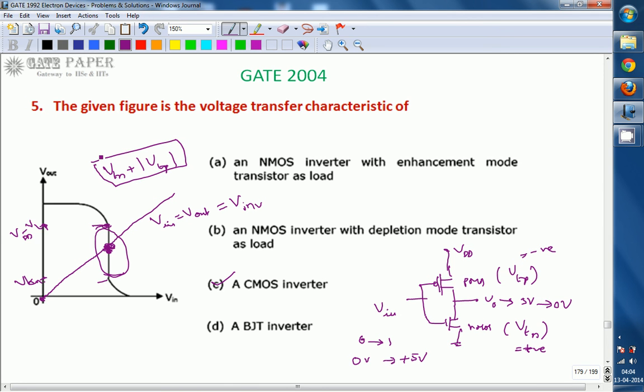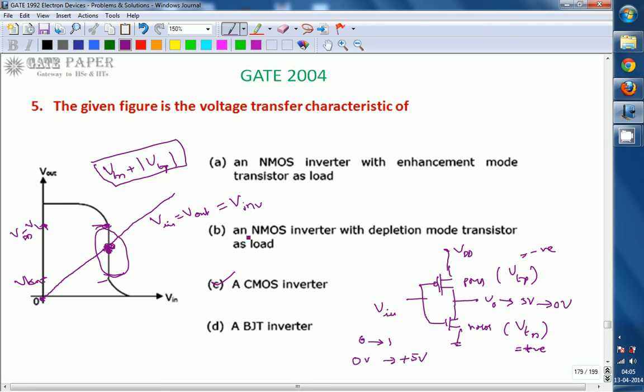This abrupt change in the output at the V inversion point only takes place in the CMOS inverter. A straight vertical line takes place at the logic threshold point. That only happens in a CMOS inverter. It does not happen in the NMOS inverter or BJT inverter.